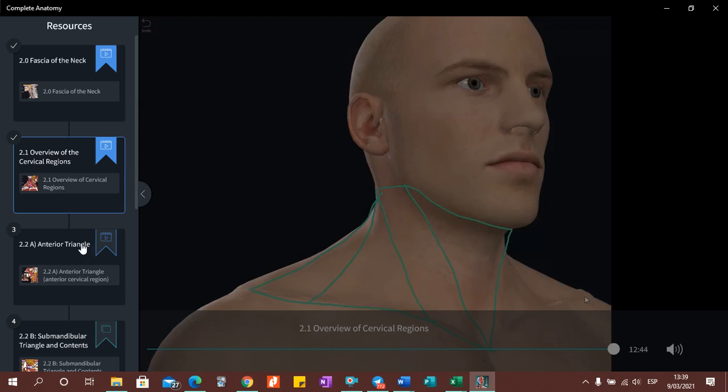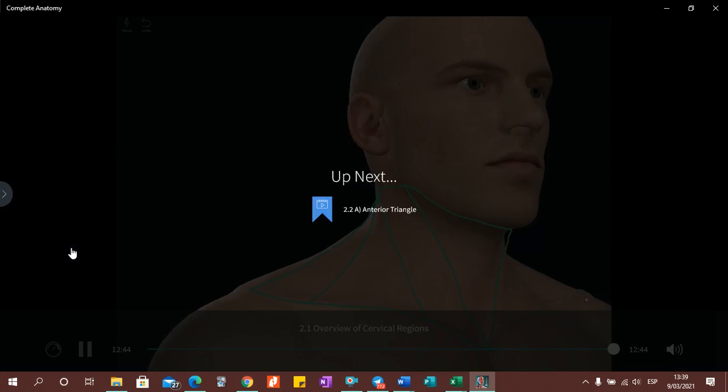Let's have a look at the subdivision of the neck into different surfaces.